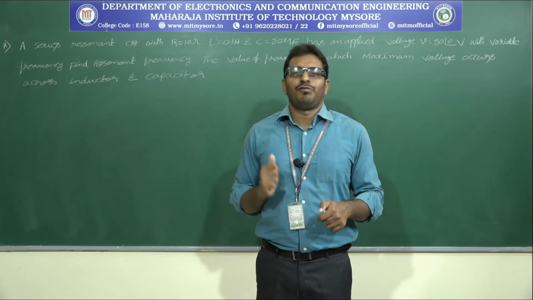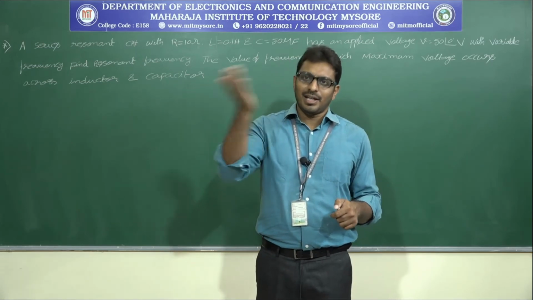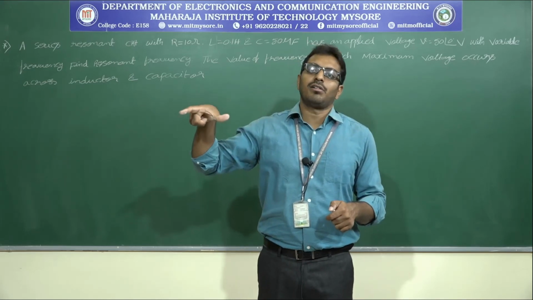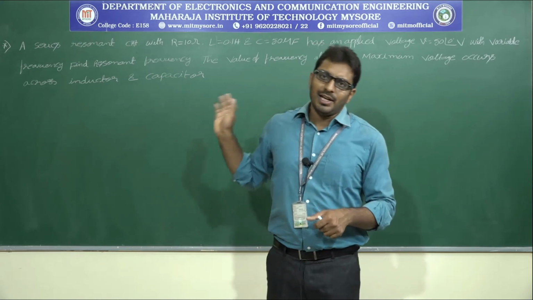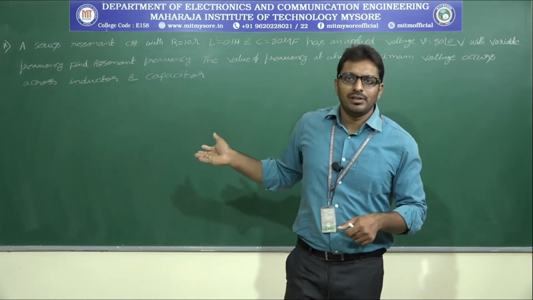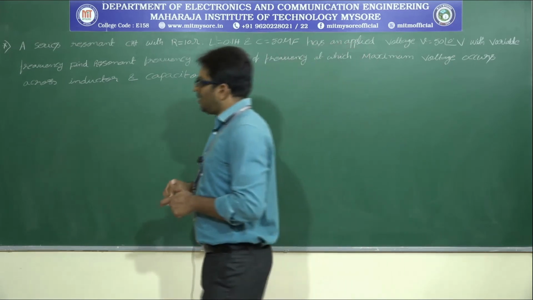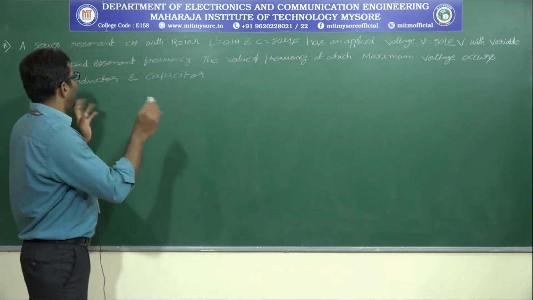Again, there are two standard formulas to calculate the corresponding frequency at which the maximum voltage occurs across inductor and capacitor. We are directly using those two formulas in order to calculate the corresponding frequencies. Is it clear? First, let me write the given data.